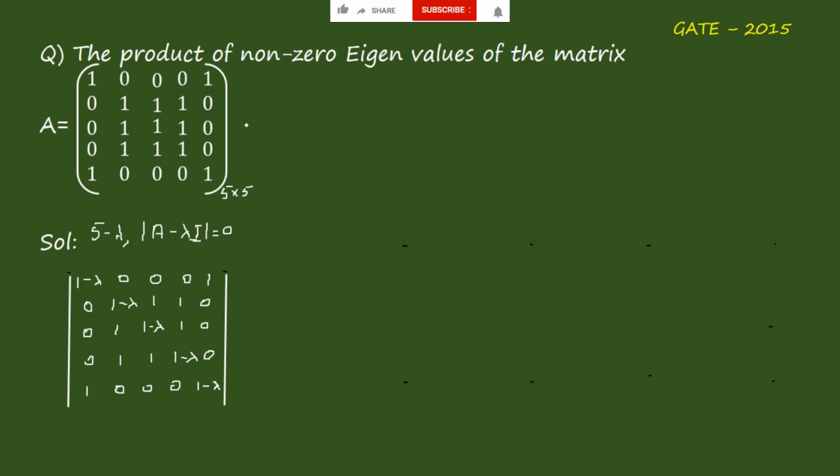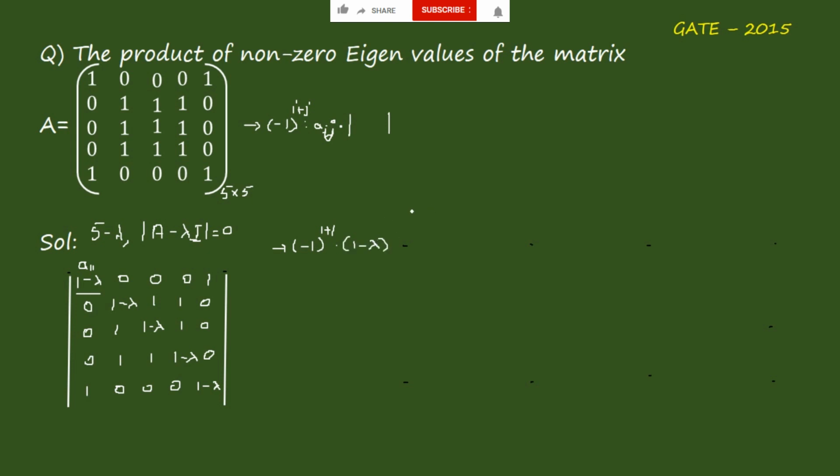For this we use the general formula: minus 1 power i plus j into a_ij into the determinant of the minor matrix. i and j are the row and column. Consider the first term 1 minus lambda, which is a11, first row first column, so it becomes minus 1 power 1 plus 1 into 1 minus lambda.